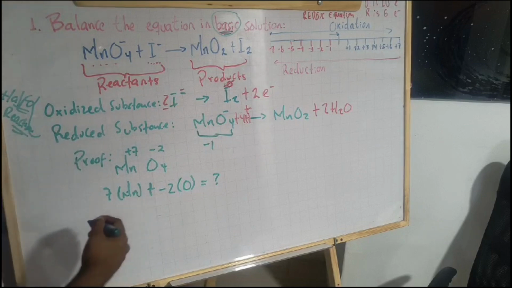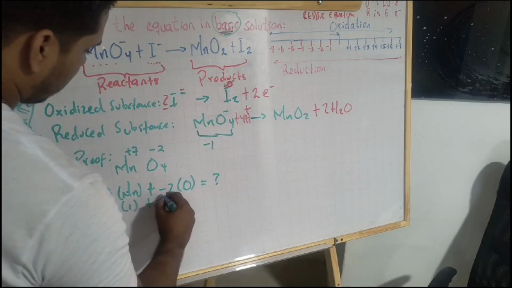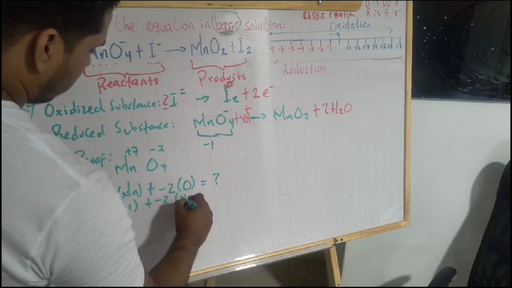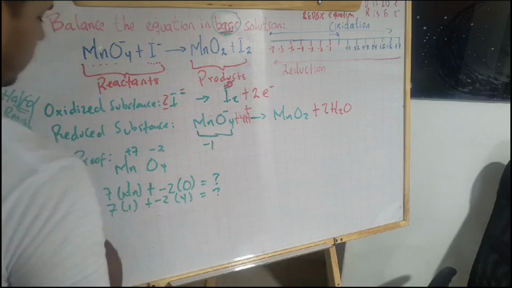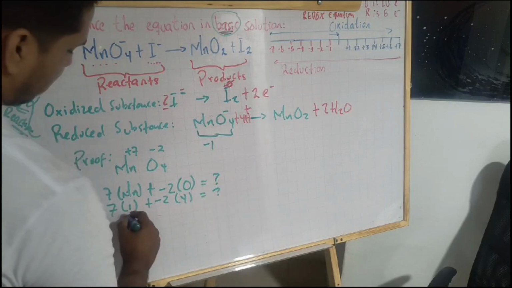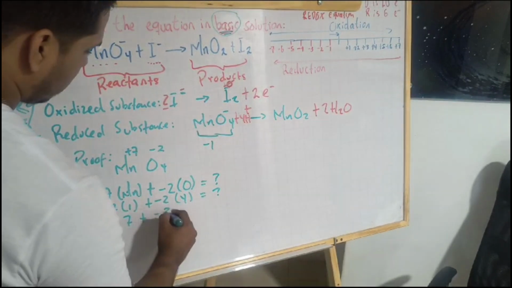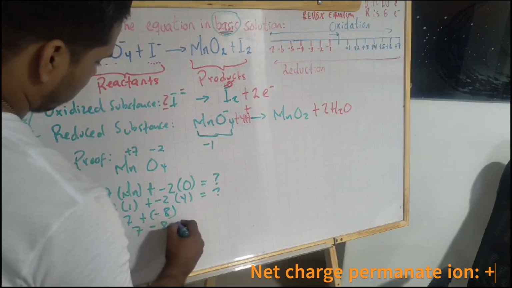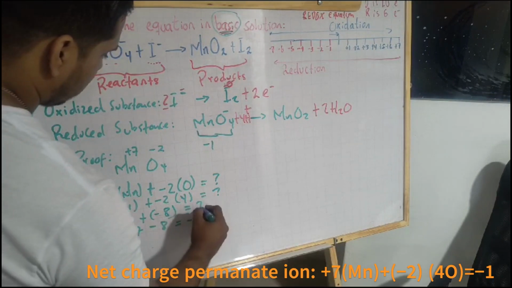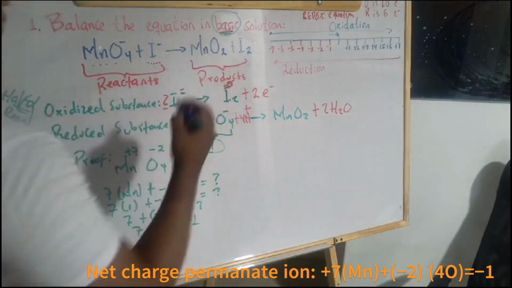So 7 times 1 plus -2 times 4, that's going to be 7 plus -8. So I'm going to write 7 minus 8 equals -1. So the net charge is -1.